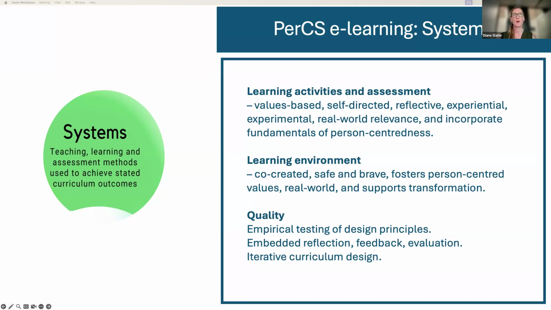And then because we are using a design-based research approach, and I mentioned earlier that part of that was to develop theory, we also have design principles that, as we go through the iterative design process, we can test, and that helps us to maintain quality within the education program, within the curriculum.